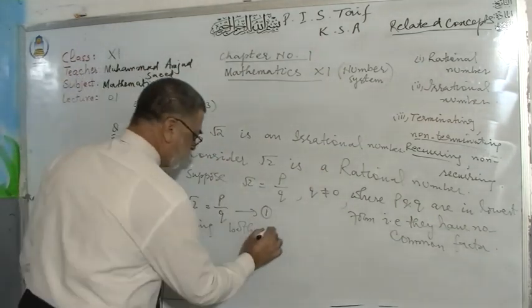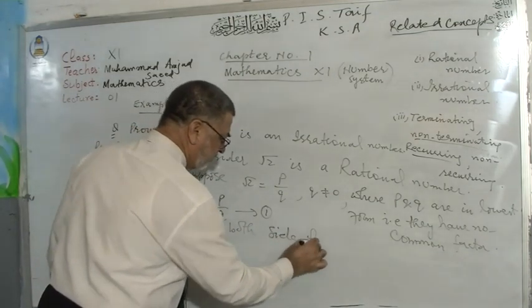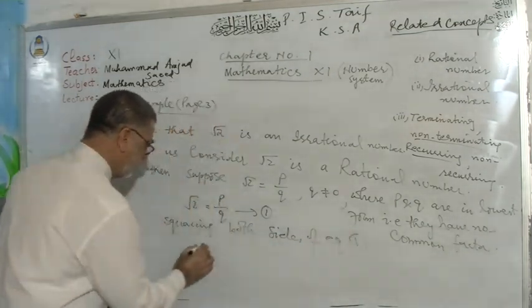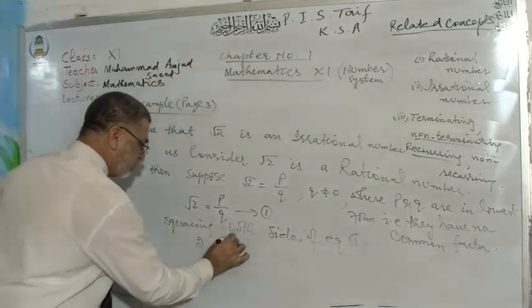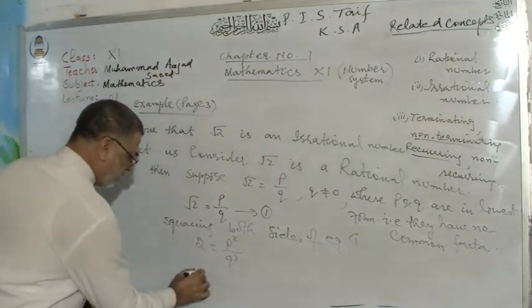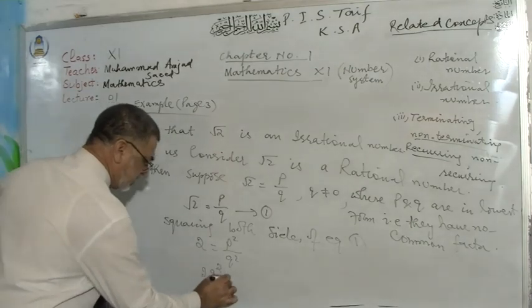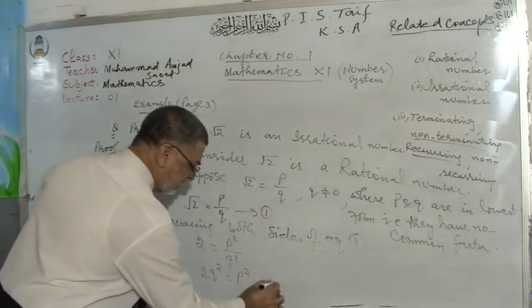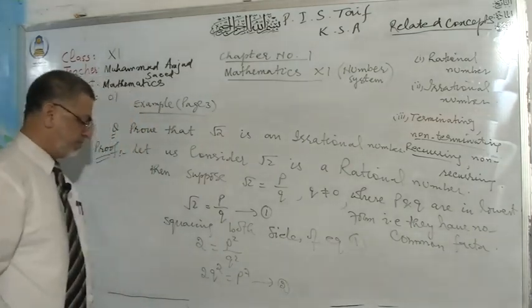Squaring both sides of equation 1, this is 2 is equal to p square over q square, or 2q square is equal to p square. Suppose this is equation number 2.